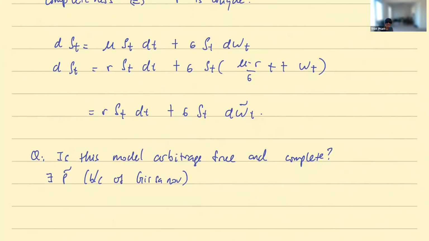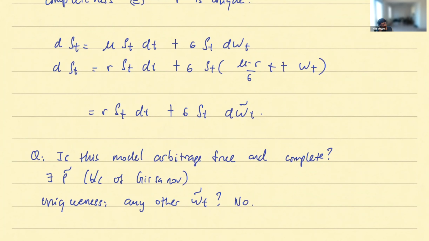So for uniqueness, the question you ask is, is there any other way that you can define W tilde besides this way? Well, the answer is no.